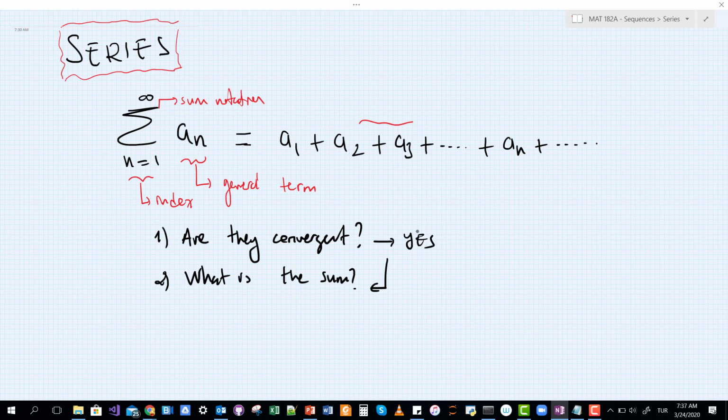If you say no to this question, we should stop. But if you say yes, we can ask another question. What is the sum of the series?